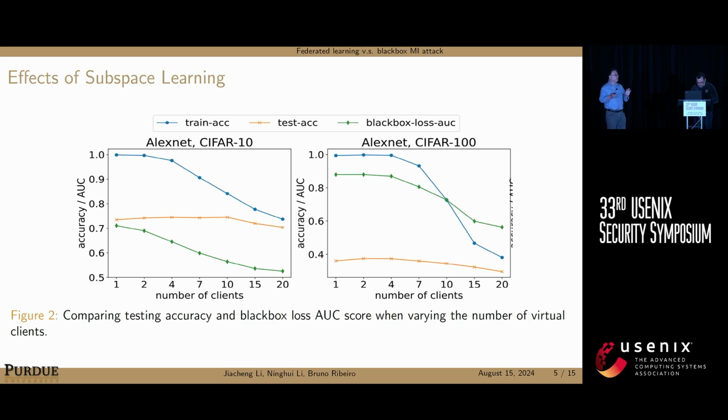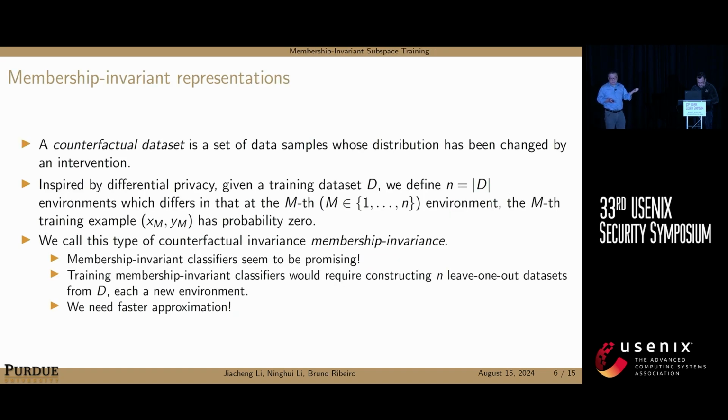Even if we are not in the federated learning setting, we can separate the data into subsets and then train them in a virtual federated learning setting. And the green line is the attack accuracy, the AUC of the black box membership attack. So this is the effect, and that's the first idea, known as subspace training.